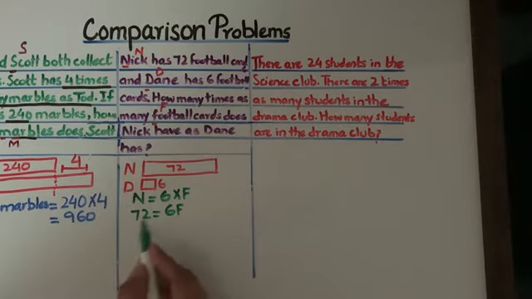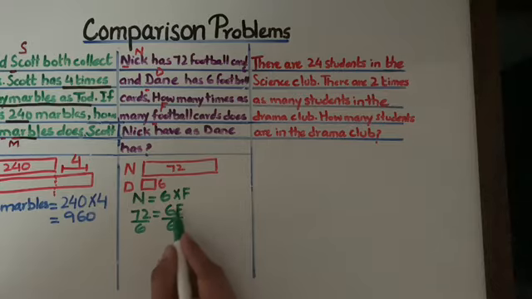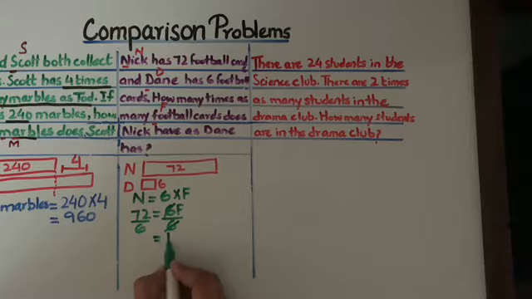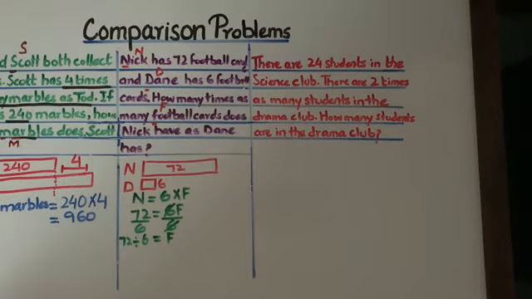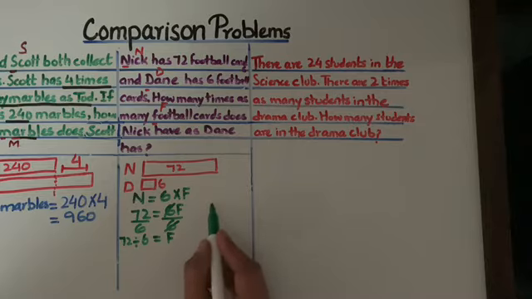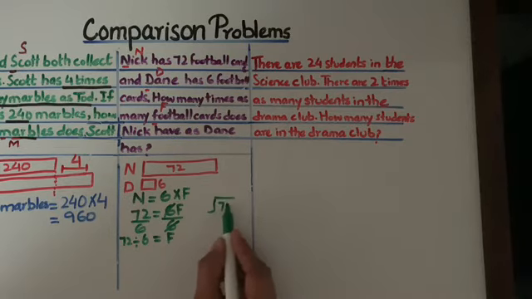And to solve it further, I will divide both sides by 6. 6 divided by 6 is 1. So here I have F, football, and I can rewrite this as 72 divided by 6. So let's divide it. 72 divided by 6. 6 times 1 is 6. 7 minus 6 is 1.